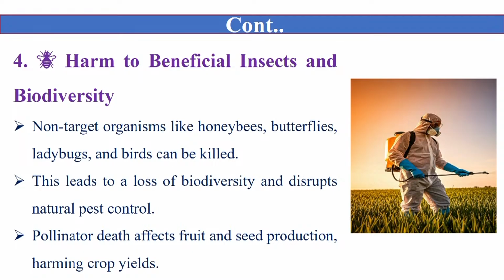And if you use high doses or misuse the pesticide, it can also harm beneficial insects and biodiversity as well. Non-target organisms like honeybees, butterflies, ladybug beetles and birds, as well as other beneficial insects and animals, may be killed if you use a higher dose of the insecticide or misuse it.